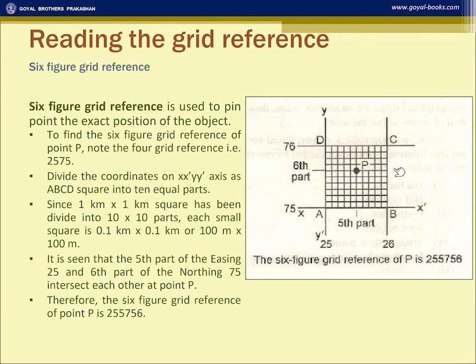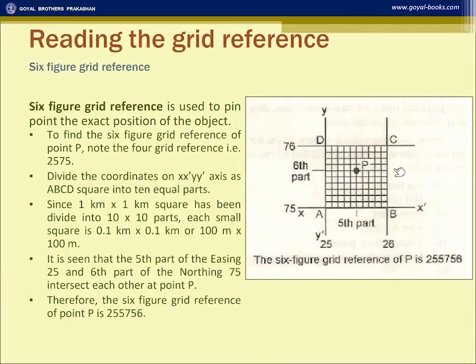Now, if we know that and we have to find the six-figure grid reference of point P, we can see that it is located on the fifth part of the easting and the sixth part of the northing.